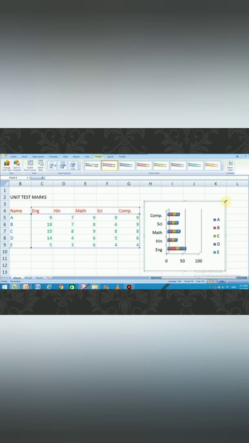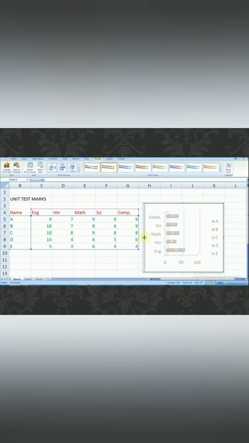Okay students. Yes. You see the maximum marks was 20. When you select a particular bar, it will show you the marks of students also. Okay students, this is our chart area.